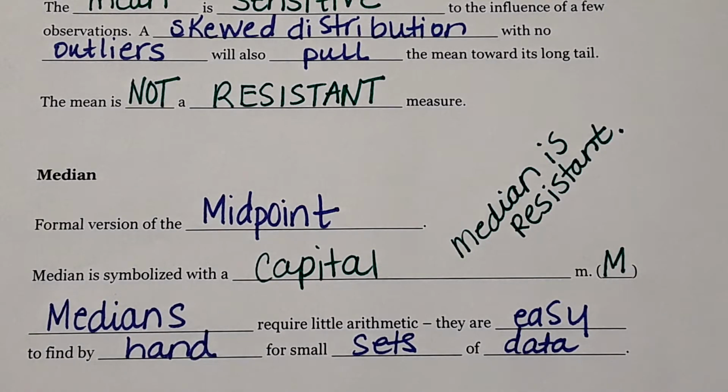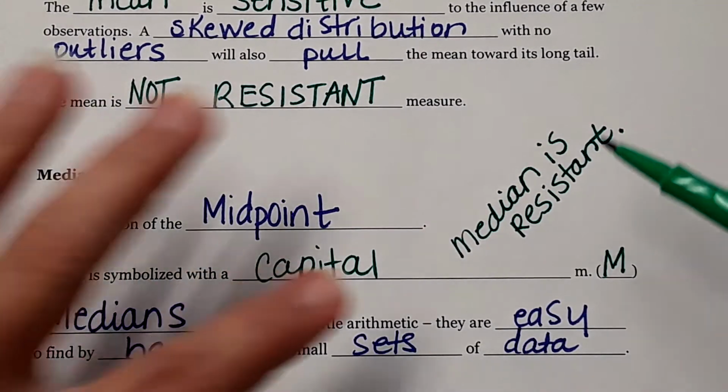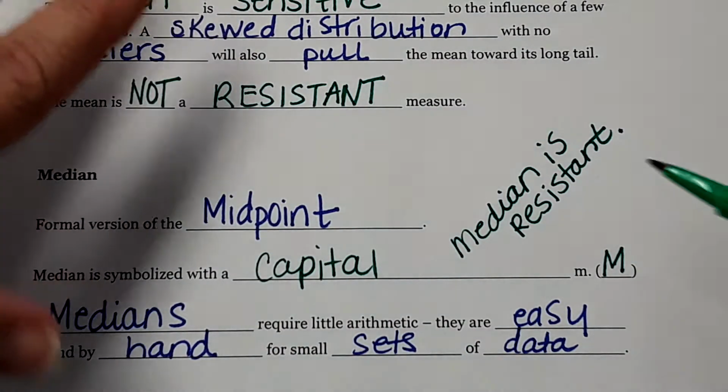So for outliers and everything, the nice thing is that the median will stay constant. The median, that midpoint, is resistant, whereas the mean is non-resistant.